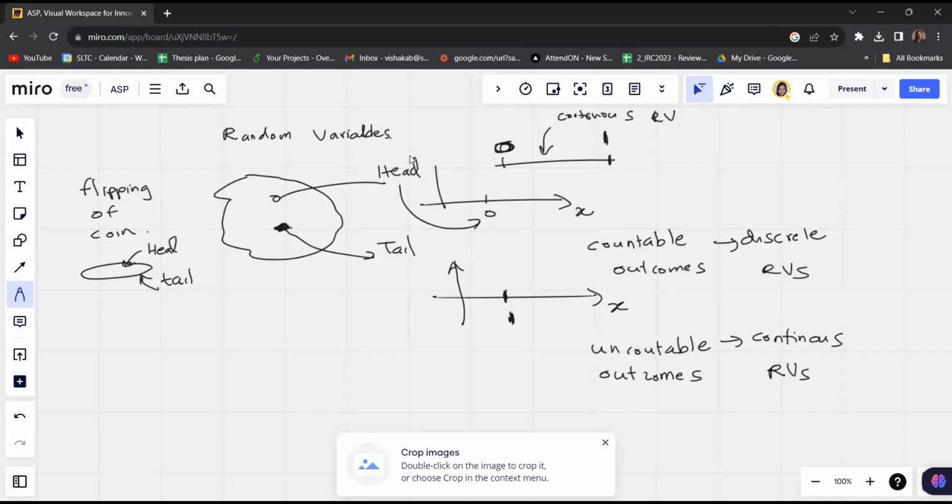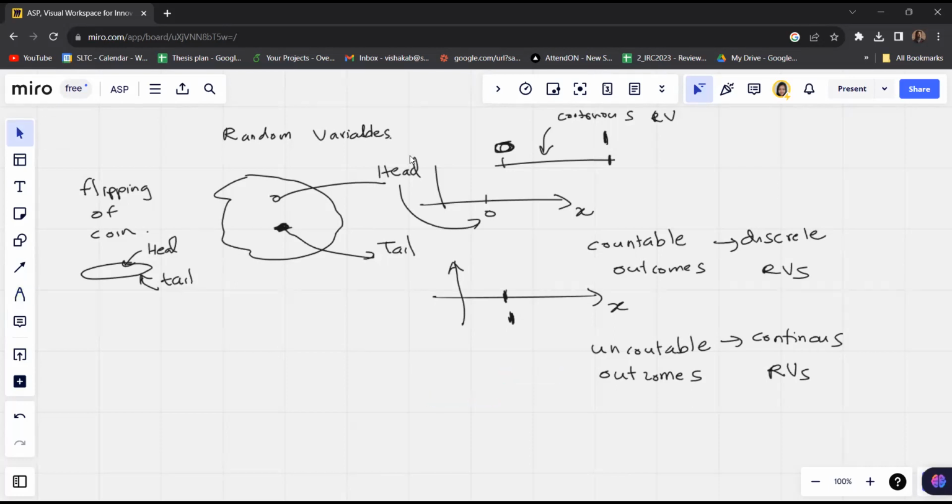So we discussed these continuous random variables and discrete random variables, and how we can observe the behavior of these random variables, which is done through probability density functions and probability mass functions, right?